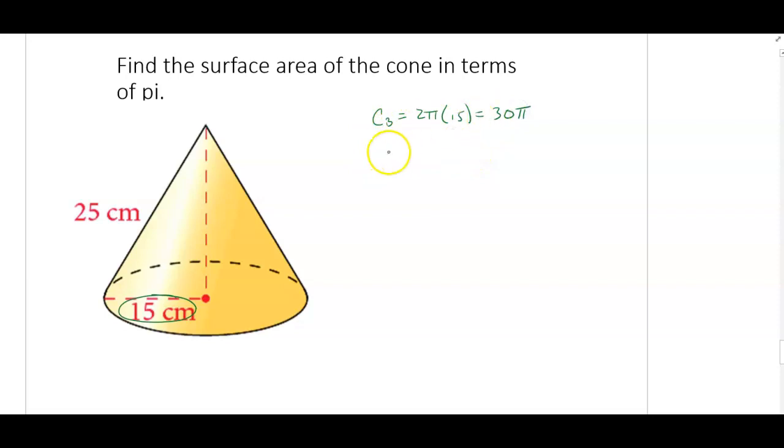Now, if the circumference of the base is 30 pi and your slant height is 25, your lateral area is just going to be the circumference of the base, 30 pi, times the slant height of 25, all divided by 2. And when you do that, you get 375 pi.